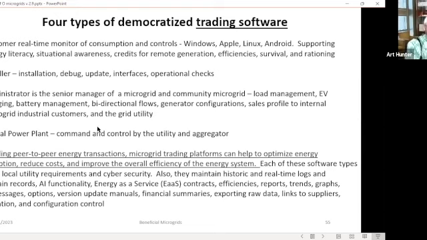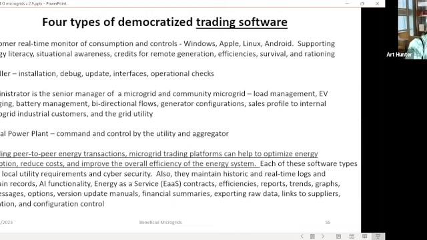But these 4 types of software enable peer-to-peer energy transactions, as microgrid trading platforms, to optimize energy consumption, reduce costs, and improve overall efficiency.